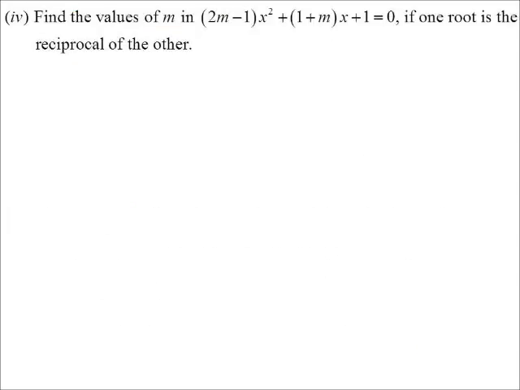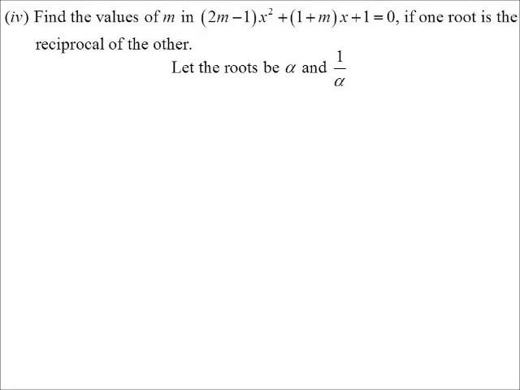A little bit more involved, this one. This time we're going to find the value of m. Our equation is 2m minus 1 x squared plus 1 plus m x plus 1 equals 0. One root is the reciprocal of the other. So instead of alpha and beta, I'm going to call them alpha and 1 on alpha. The nice thing where one root is the reciprocal of the other is that something really clever happens when I look at the product of the roots.